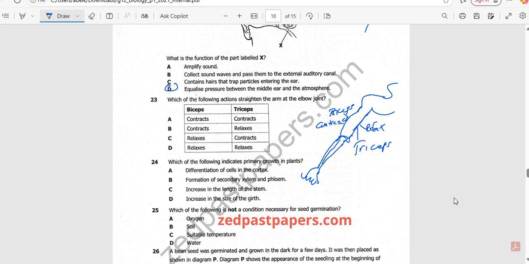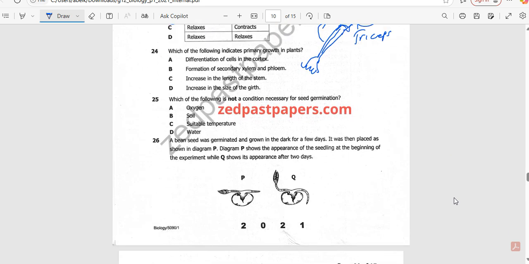When this contracts, it squeezes itself like this, so this part will start coming in this direction, then these will relax. When these contract, they force this one to come the other way around. So the contraction of the biceps and relaxation of the triceps makes the hand move up. Biceps contract, triceps relax. So the answer is B. They cannot contract at the same time, so this action is called antagonistic action.